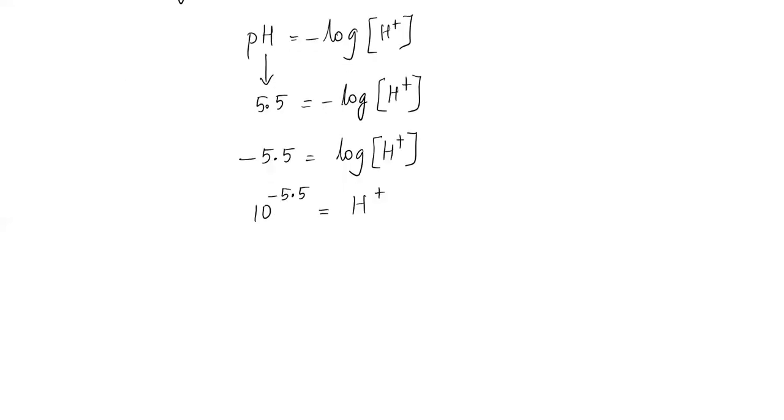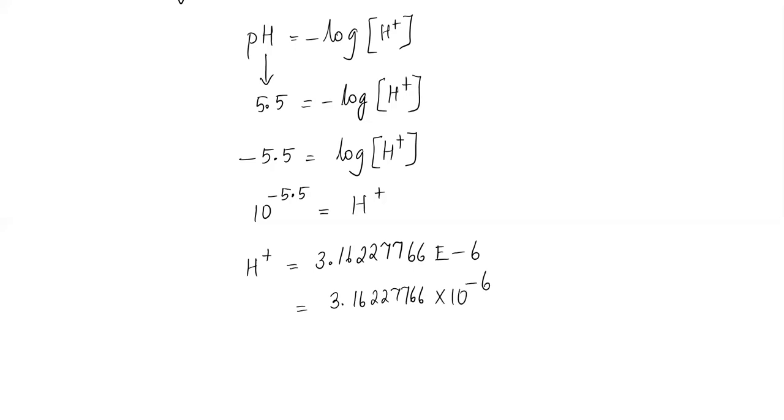So let me write how it appears in the calculator so you'll be able to interpret this. 3.162277766, then it says e negative 6. You have to interpret this as 3.162277766 times 10 power negative 6. That's what this means. This e is not the same as the small e, the Euler's constant. This is not that.